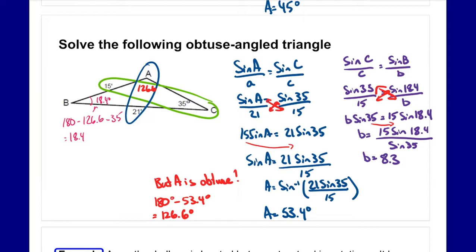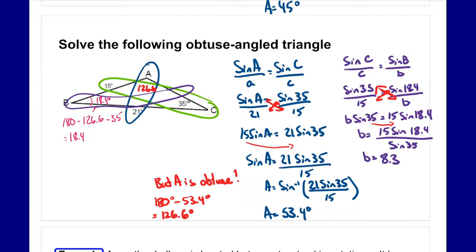So a little bit of an added step, and you want to be careful when you're dealing with obtuse angles, because you might have to do that step if you're given an incorrect angle, or, using common sense, the angle seems too small. Once we do that, we can figure out our last angle by subtracting all of them from 180, and then given the pairs that we know, we can find that missing side by using sine law again, which we see over here on the right.